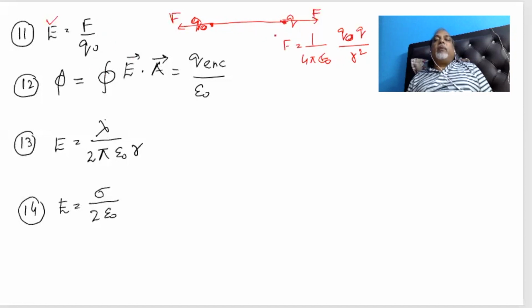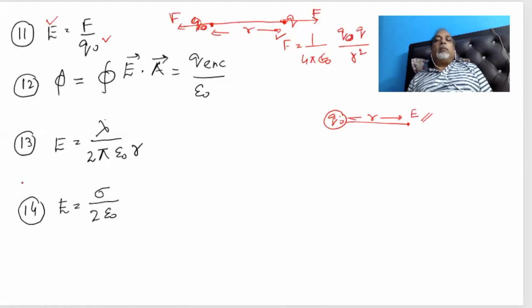This F, we can divide by Q0, which will give you the electric field at a distance R. If you have Q0 charge like this, then at a distance R, this will be your electric field. Correct?